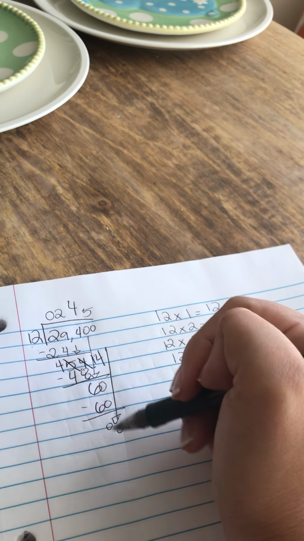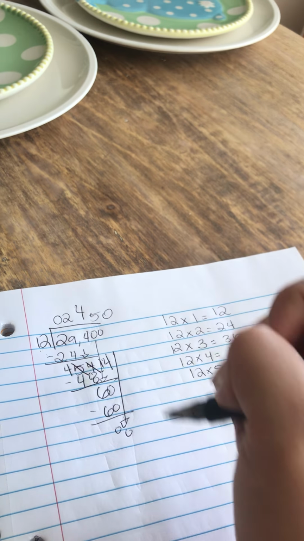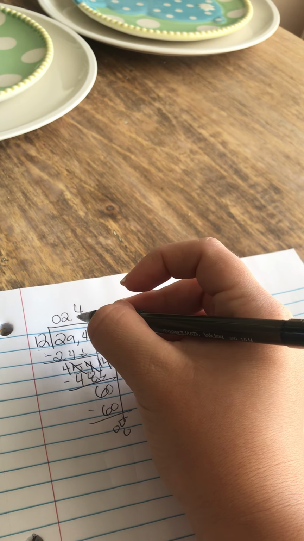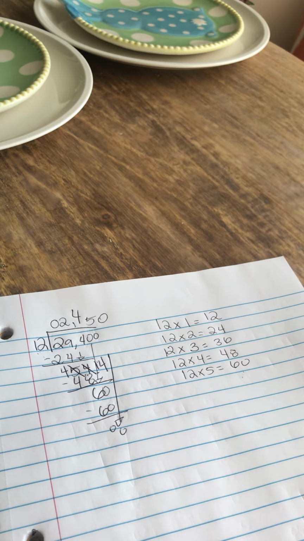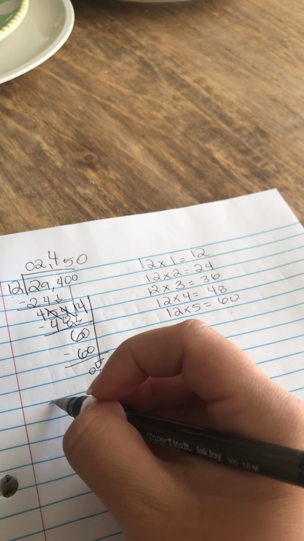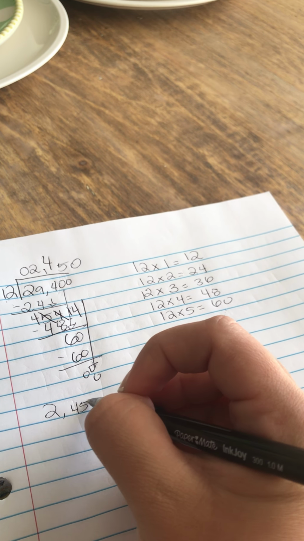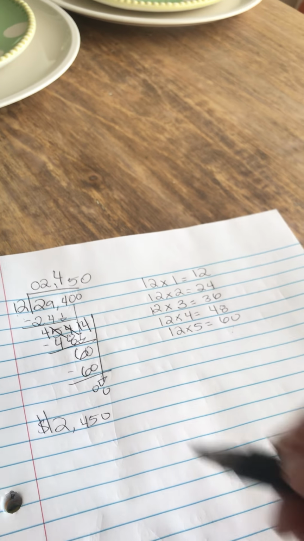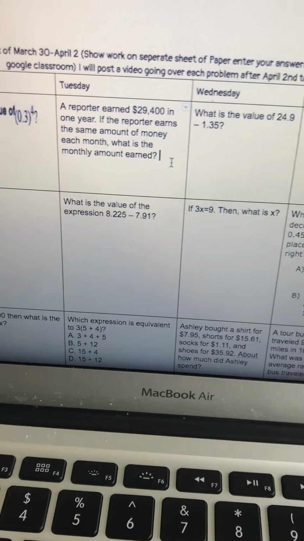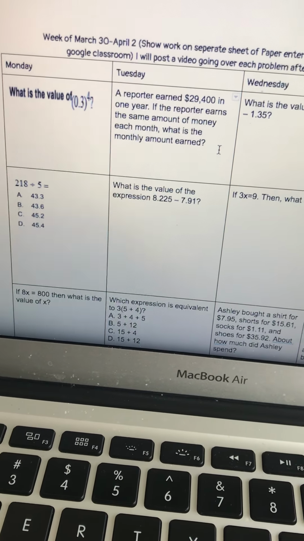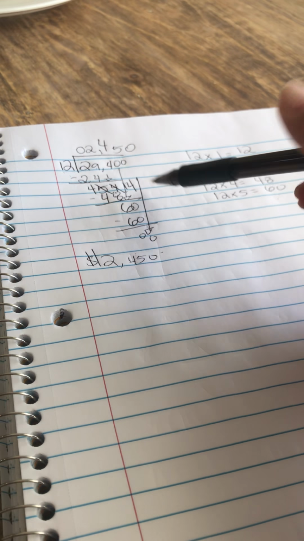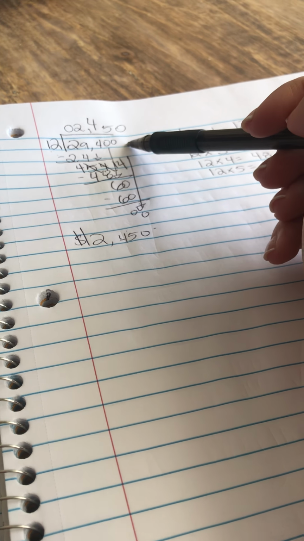How many times does 12 go into 0? 0 times. Okay, so her monthly income is $2,450. All right, so number 1, she would earn $2,450 a month. We can check our work by multiplying that by 12 and getting $29,400.